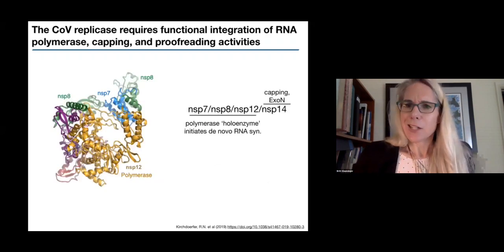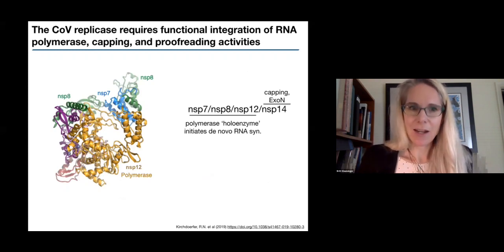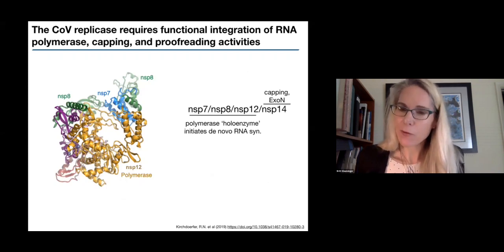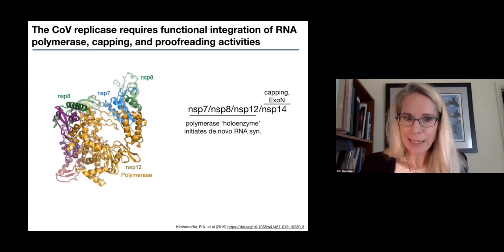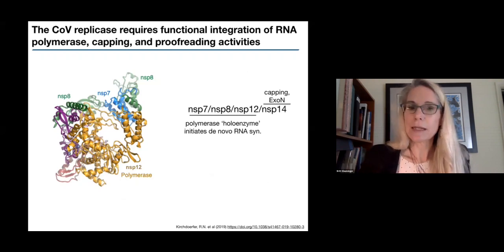All right. So this relatively complicated transcriptional event requires a very sophisticated replication complex. And the replicase for coronavirus requires functional integration of the RNA-dependent RNA polymerase activity, which is encoded by non-structural protein 12, capping activity to produce messenger RNAs with 5' caps that are recognized by the ribosome, and proofreading activity, very interestingly.